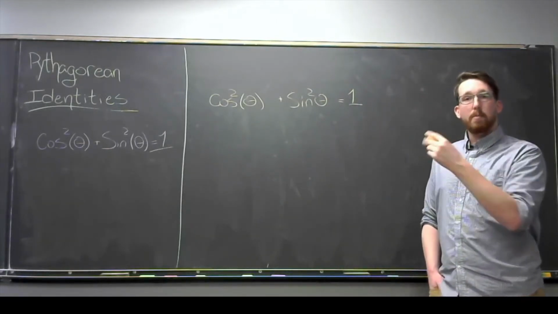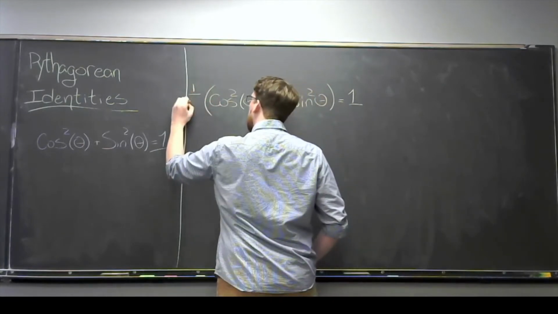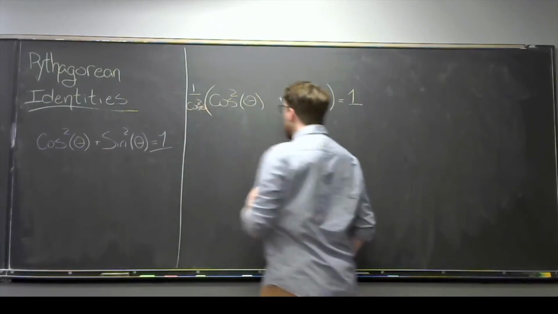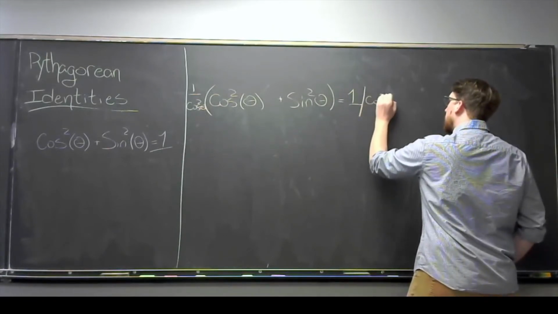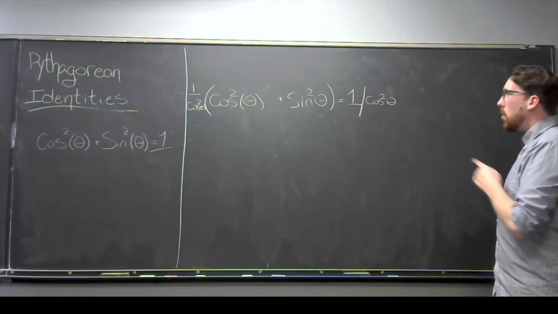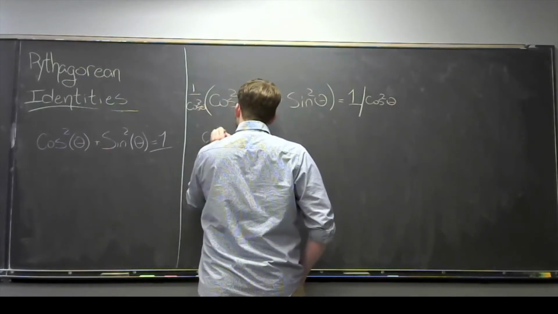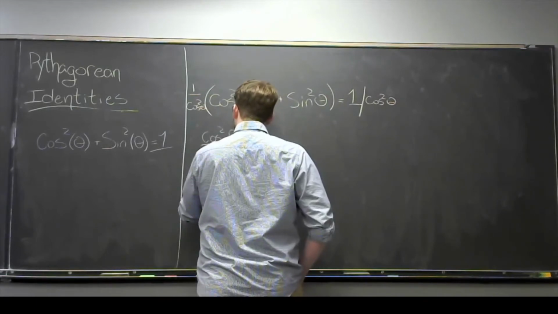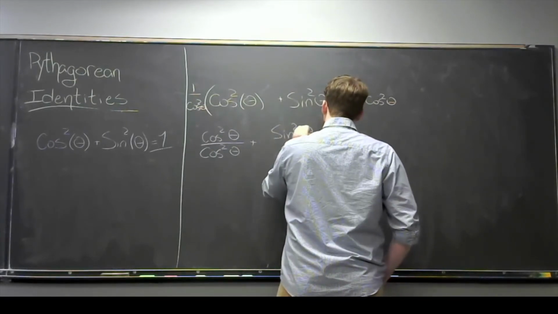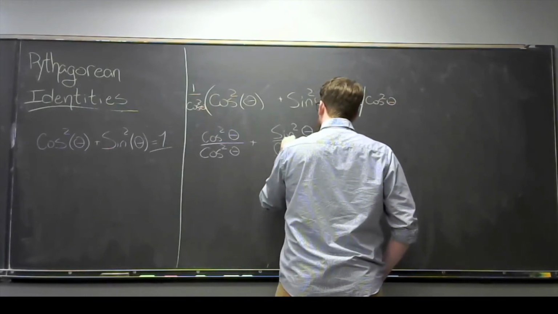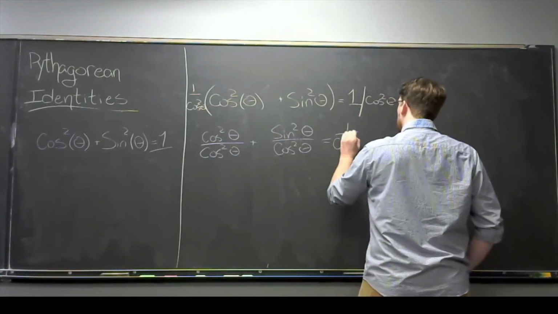Now, if I divide both sides by cosine squared, what we're going to have is cosine squared theta divided by cosine squared theta plus sine squared theta divided by cosine squared theta is equal to 1 over cosine squared theta.